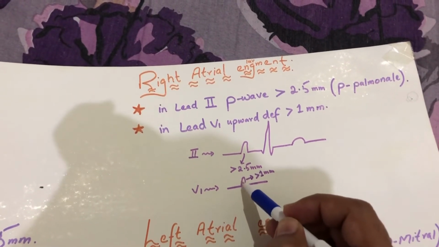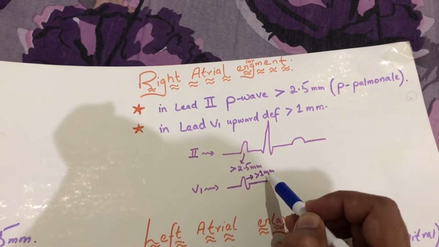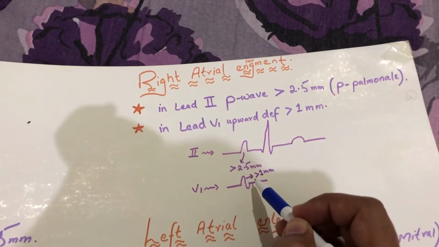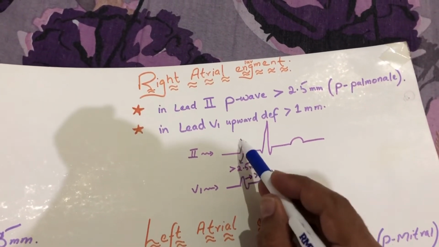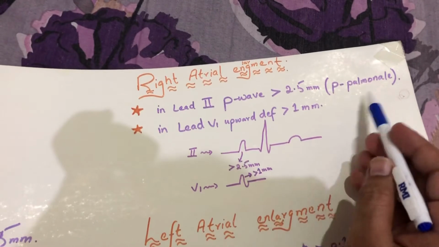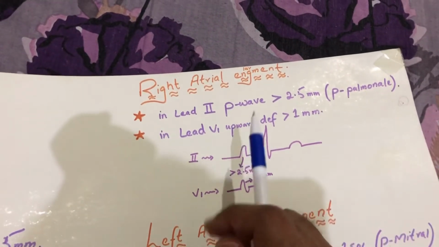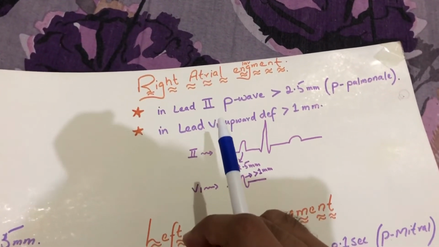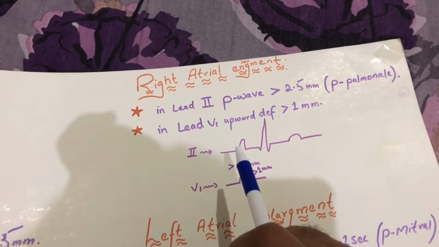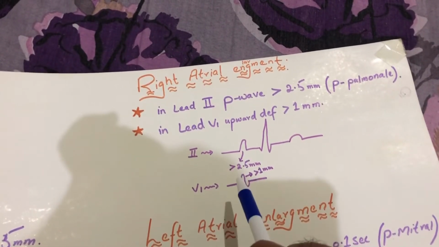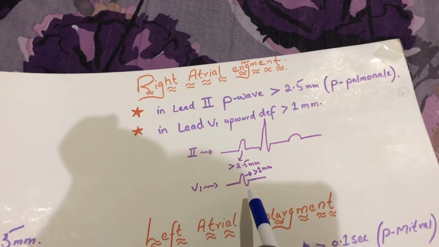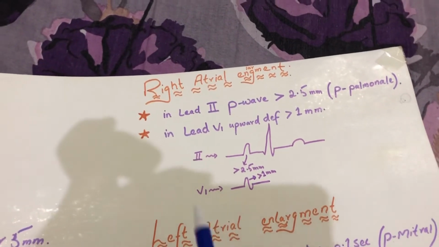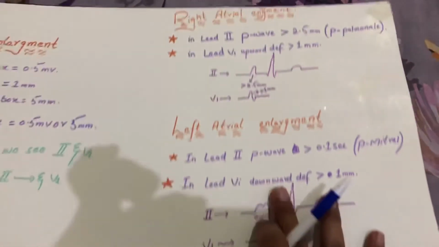If this deflection is greater than 1 mm, then we call it right atrial hypertrophy. We call this wave the P pulmonale. So overall, for right atrial hypertrophy, if in lead 2 there is a tall P wave, or in lead V1 the upward deflection is greater than the downward deflection, we call it right atrial enlargement.